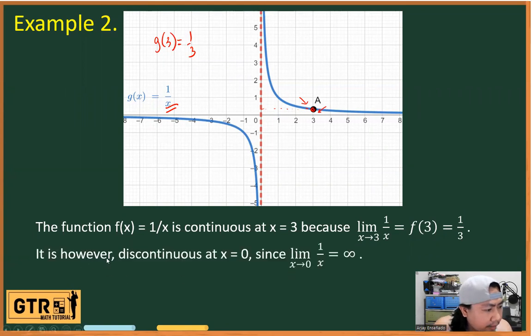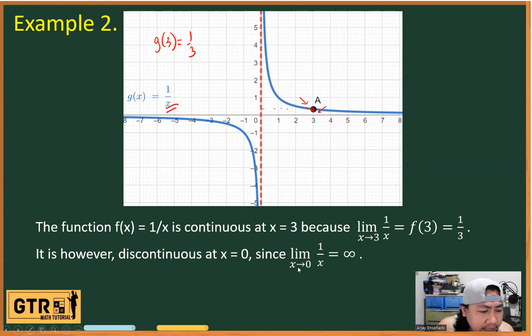Okay, so it is however discontinuous at x equals 0. As you can see in the graph, we have here the broken line. This is the asymptote of the graph of 1 over x. So the function is said to be discontinuous at x equals 0. Since x equals 0 is the asymptote, the graph will never touch the y-axis or x equals 0.